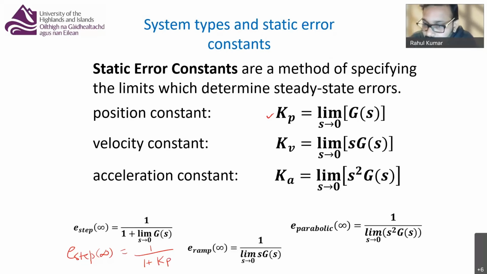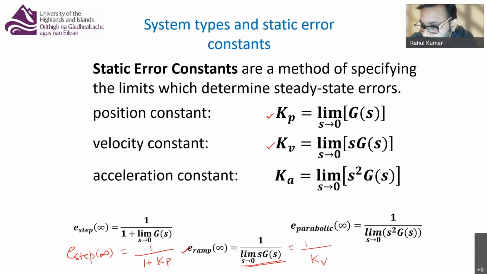Similarly, this portion in the steady state error for ramp input, I call it the velocity constant Kv. So Kv is limit s tending to 0 of s G(s). If I call it Kv, I can modify my steady state error equation, and it becomes 1 divided by Kv.